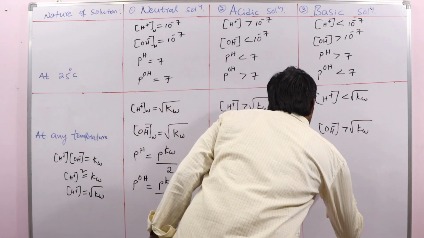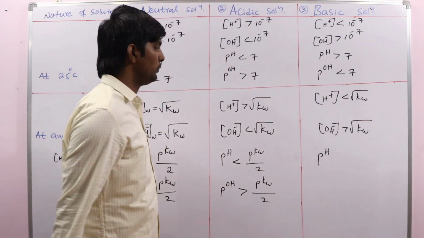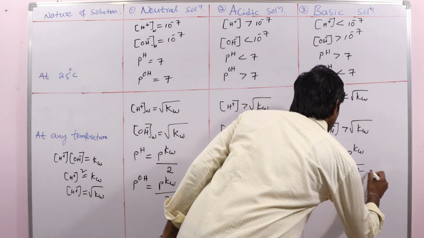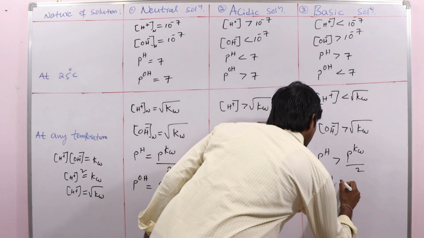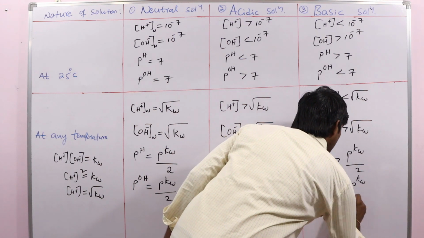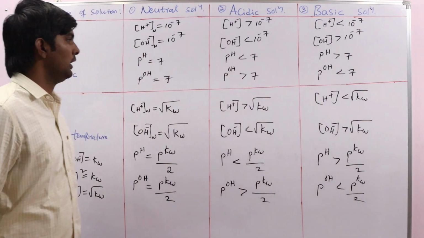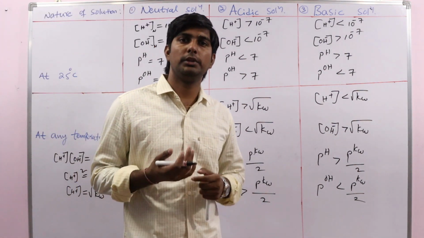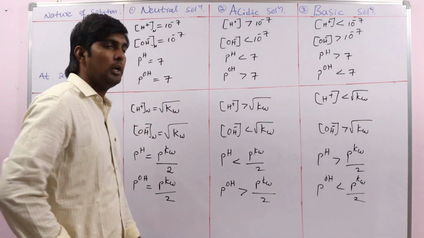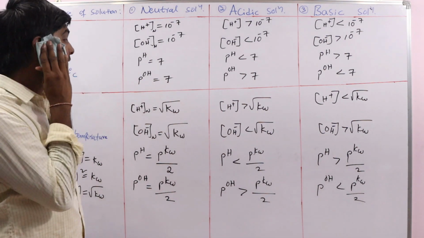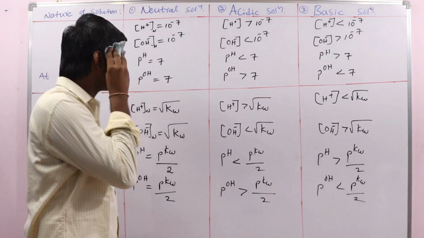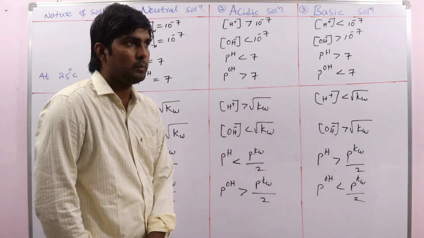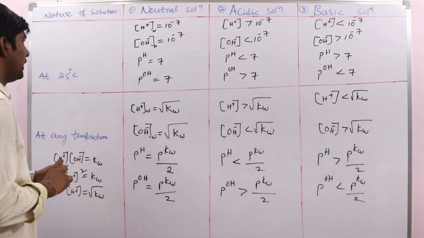Okay, so pH is greater than pKw by 2 and pOH is less than pKw by 2. So this is about how to identify an acidic, neutral or basic solution depending upon the relationship between H plus ion concentration and Kw values. Direct questions are asked on this, very important.